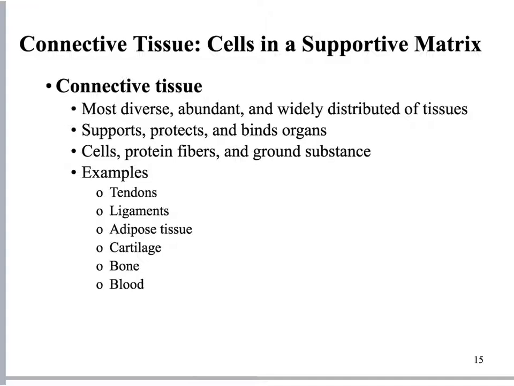Cartilage helps protect bones, connects bones together or separates them. Bone itself is a connective tissue, and it is a solid connective tissue. And then finally you have the blood. The blood is a connective tissue. Blood is a fluid.